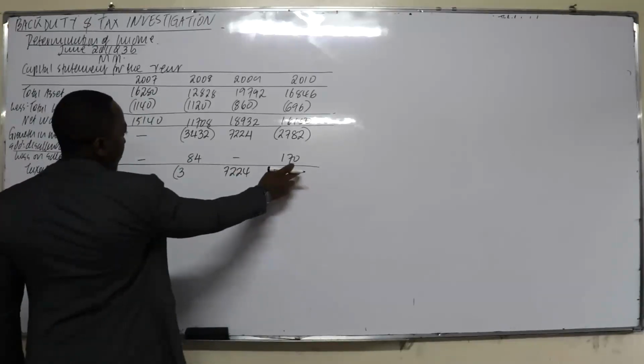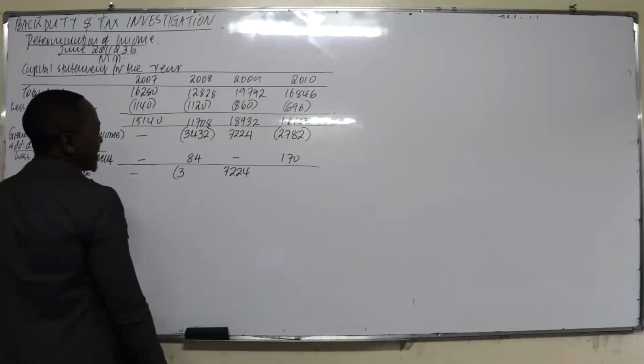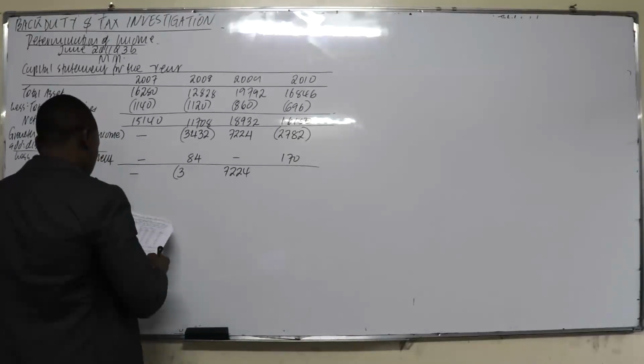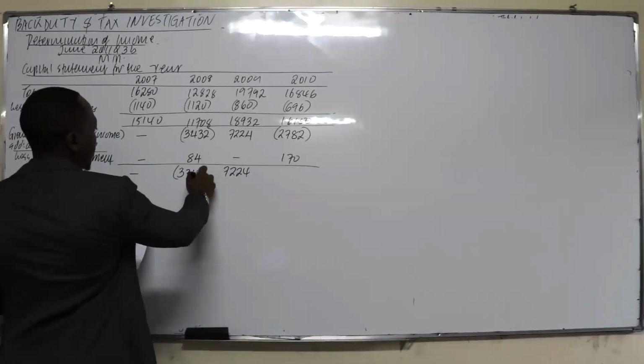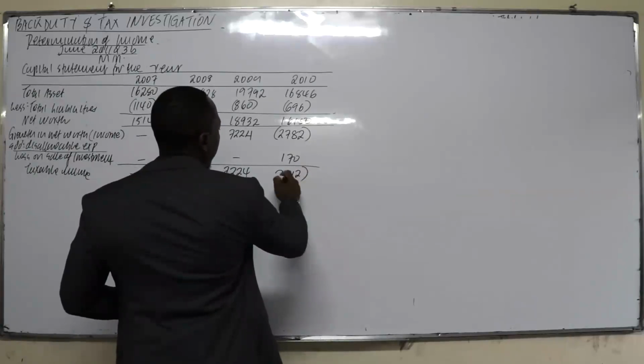So this one you get 348, which is negative, and this one you get an amount of 2,612, which is negative.